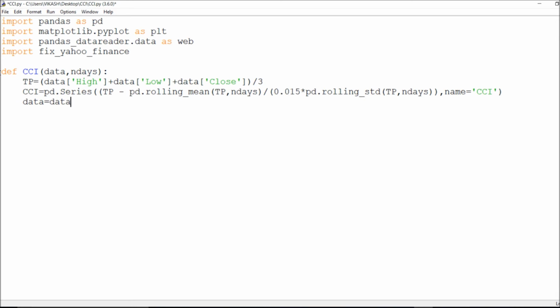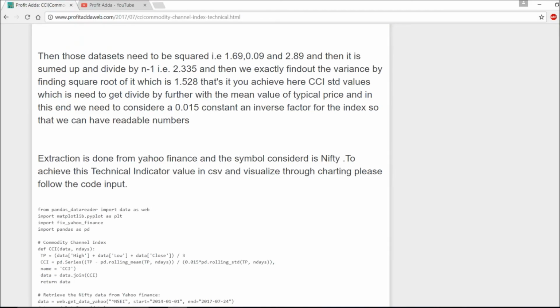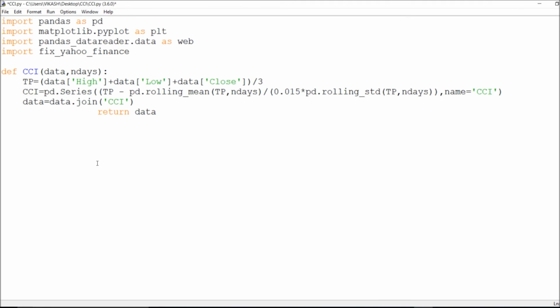I need to join this, so I will say data dot join of CCI, and then return that data.